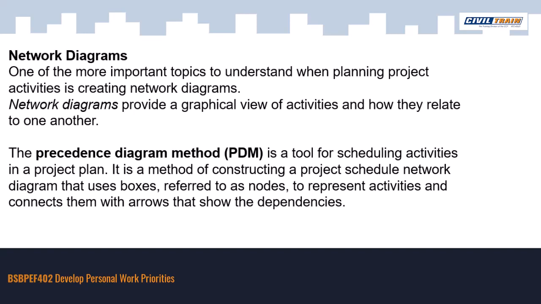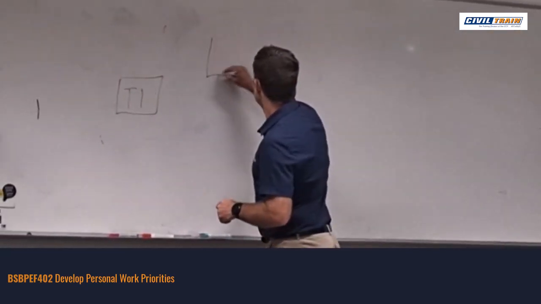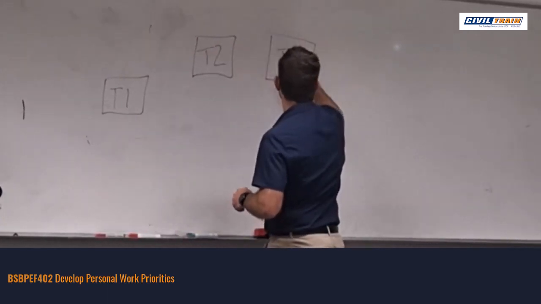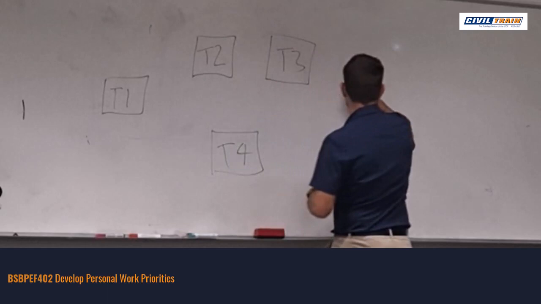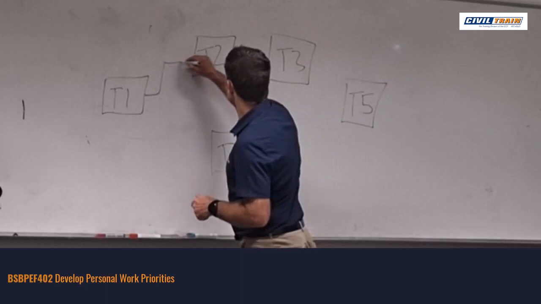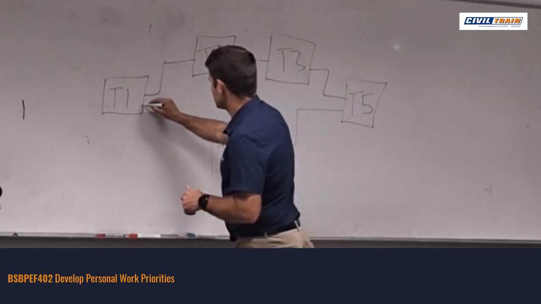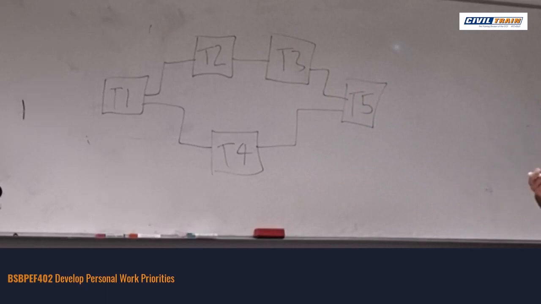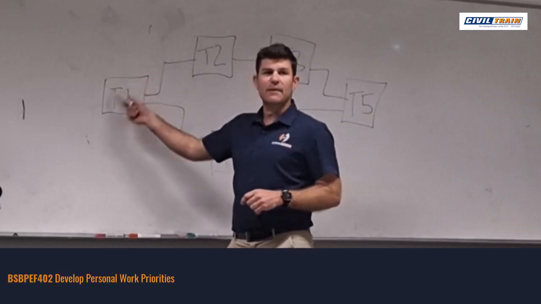So a network diagram, task 1, 2, is just visually identifying, first of all, the number of tasks that we have.